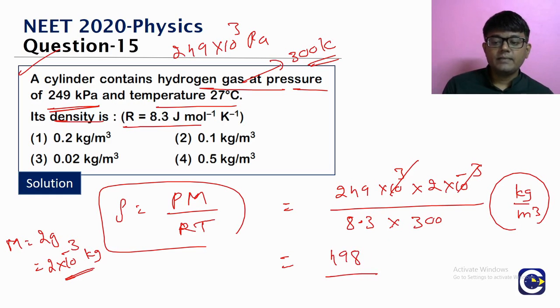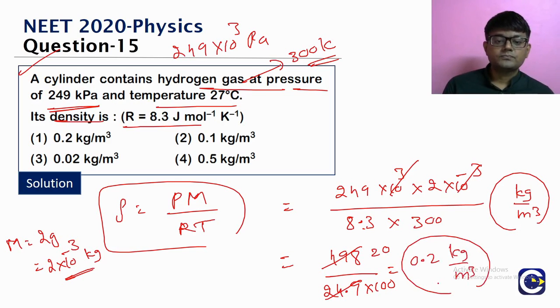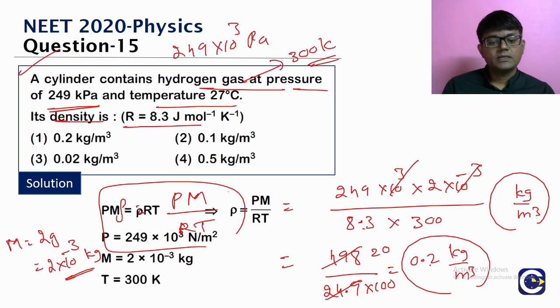So 498 divided by what is there in the denominator? 8.3 into 3 is 24.9, so 24.9 into 100. 24.9 once, 24.9 twenties. Now 20 by 100 is 0.2. So 0.2 kg per meter cube. So what is the answer? It is option A.